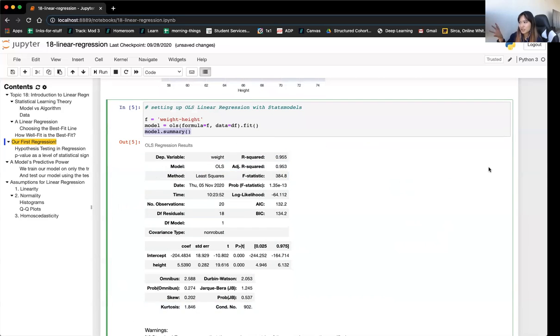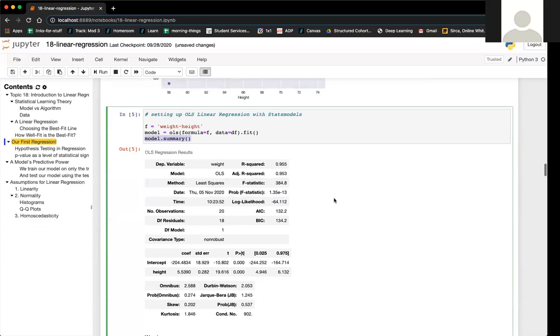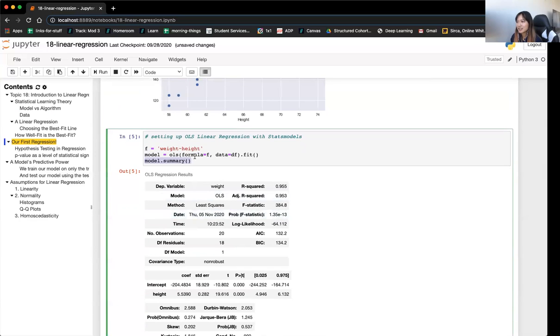Before I get into interpretation of this, any questions? How would you get the line on a graph? Ooh, getting the line. Gotcha. So you mean after you fit the model, how would you visualize the line? Yeah. This is something that you can do after the fit model.